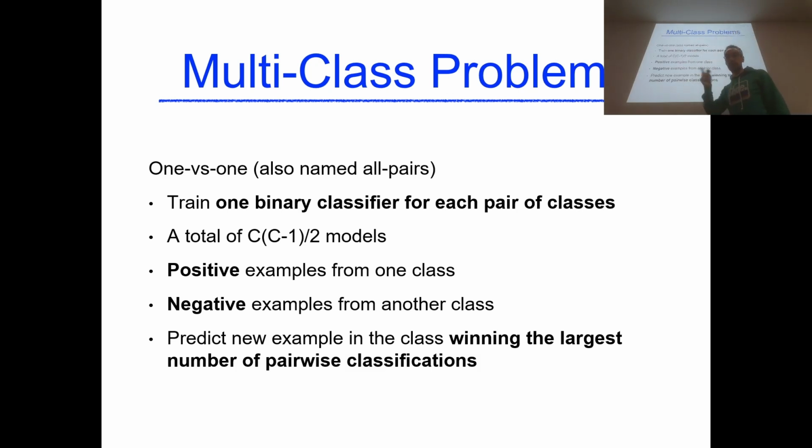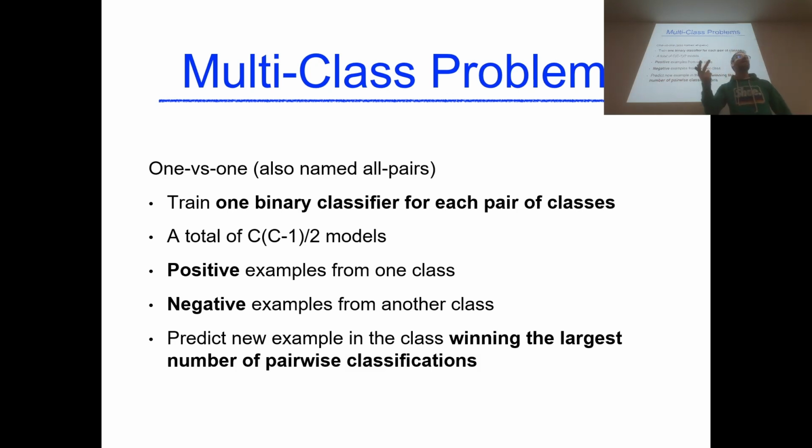So you end up with more models, every pair of classes. The positive example is from the class you are targeting, the negative from the other. And the new example, how do you attribute a label to the new example amongst the multiple labels you have? It is the one that has won the largest number of pairwise classifications.